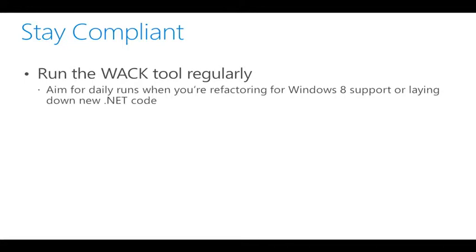You want to be running this daily, maybe even multiple times daily when you're in heavy coding time. This is one of the most important things we've learned from our customers who've been working with Microsoft Studios and independently to publish their titles: you cannot pay close enough attention to the results of the WACK test. So do it all the time.